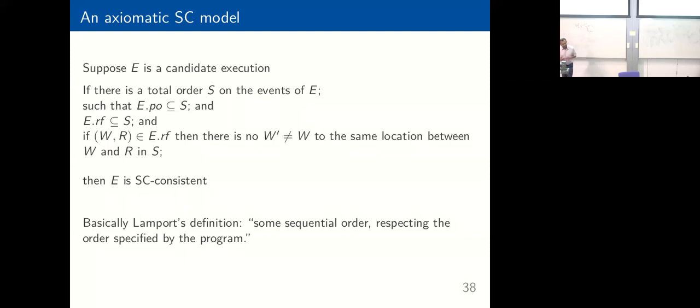Because the idea is that this linear order S that I am postulating is going to be, as Lamport said, or Lamport was intuiting anyway, this logical time order in which things happen. And if that were to happen, this store snuck in, then that load would get its value from that store instead of that.